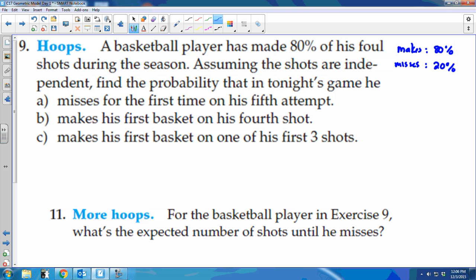Do you have 2 outcomes? Yes, making them and missing them. Do you know the probabilities of those happening? Yes. And we're assuming that the shots are independent. So we have Bernoulli trials, so we can use this whole geometric idea. So A says you missed for the first time on the 5th attempt. So if you're missing for the first time on the 5th attempt, how am I going to calculate that?